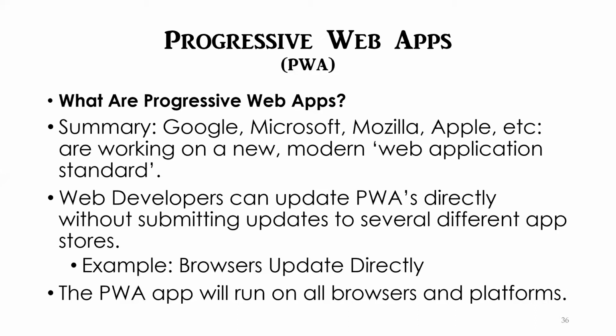No matter what browser you're using, when that browser needs to be updated, it can be done directly from the person that owns the browser. Mozilla Firefox, Chrome with Google, whatever. Okay, so now we're coming up with apps that will do the same thing.